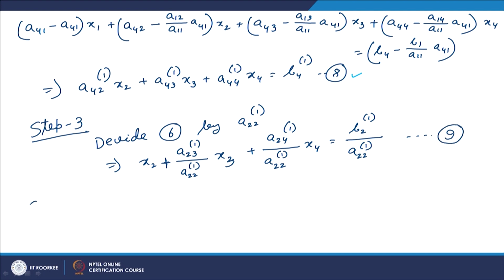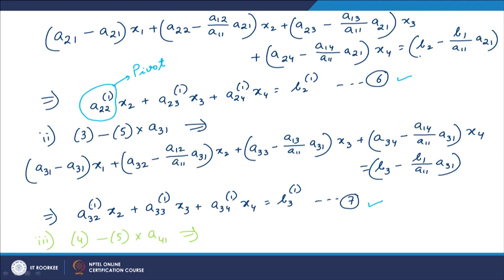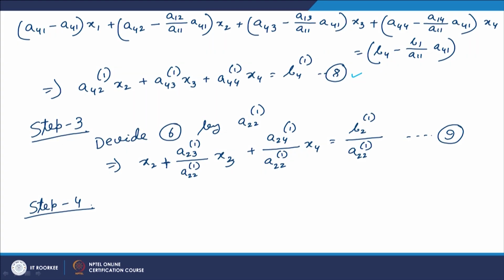In step 4, what we do is, we now multiply this equation 9 with A321 and then subtract the resultant equation from equation 7. So, in the first stage, we do 7 minus 9 into A321.